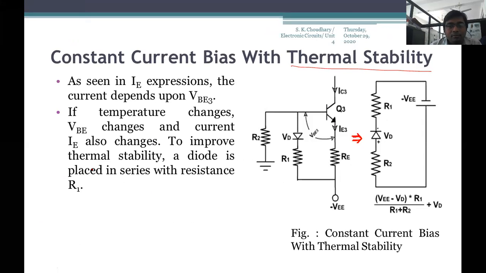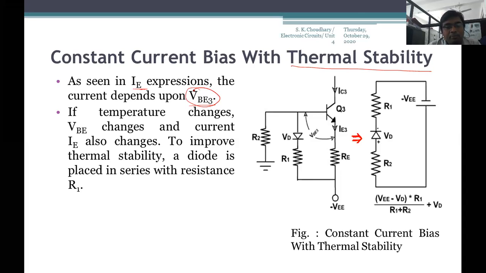As we have seen in the expression of IE, there is a term VBE3. Okay, and this VBE3 is a temperature dependent term. If the temperature changes, the voltage between base and emitter also changes, and if VBE is changed, the current IE would also change.